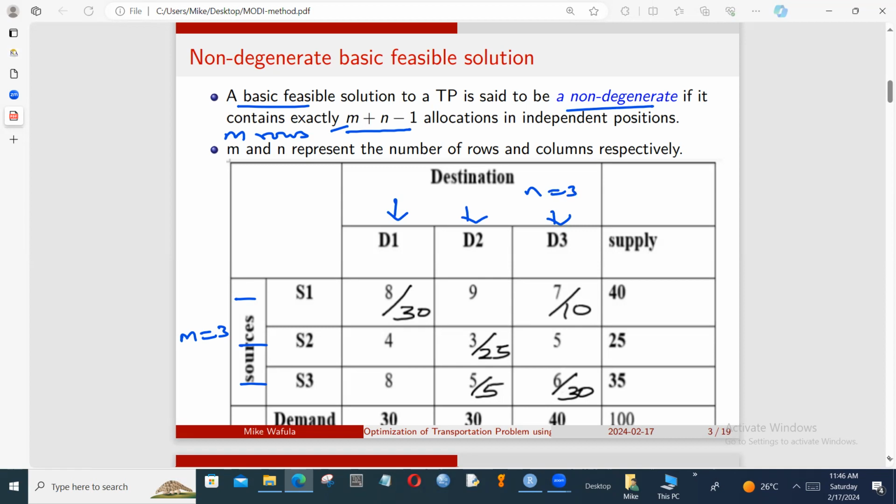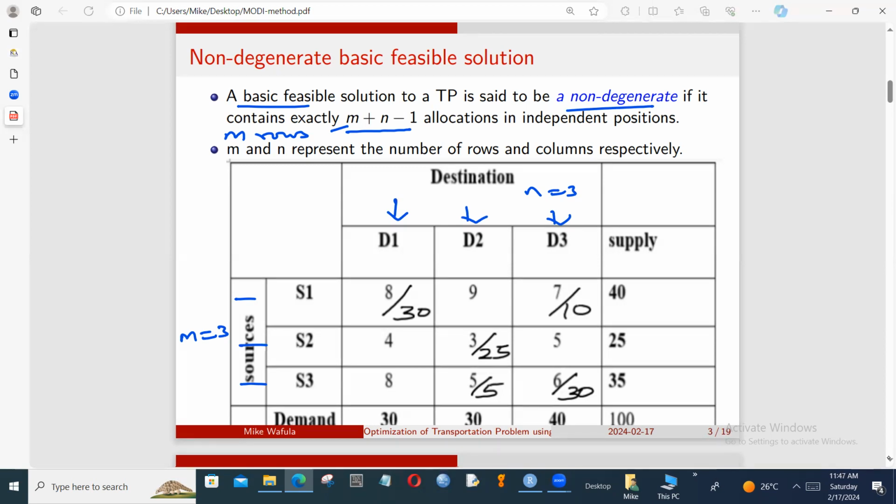So this is a transportation table of, let's say, 3 by 3, where the rows are 3 and the columns are 3. And once you have it, you always want to find out how many cells have received allocation.